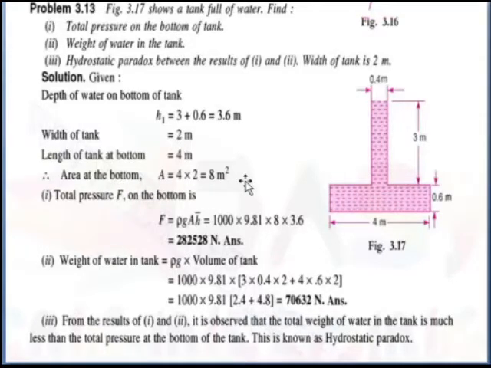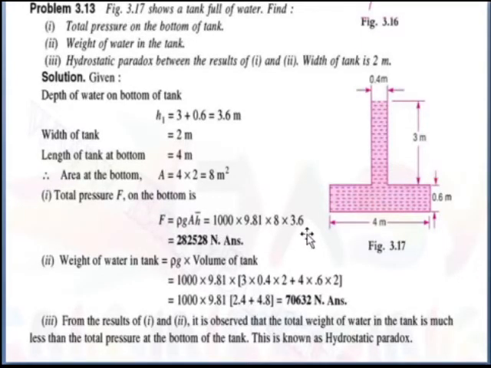Then we have to calculate the total pressure at what point? At the bottom of the tank. For this, we had calculated the area at the bottom of the tank. Then the total pressure at the bottom, force, is indicated by capital F, which is equal to rho g A h bar.